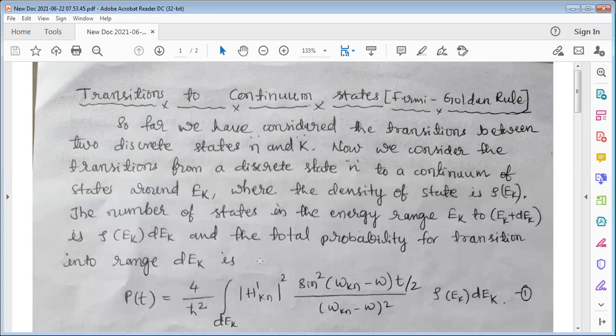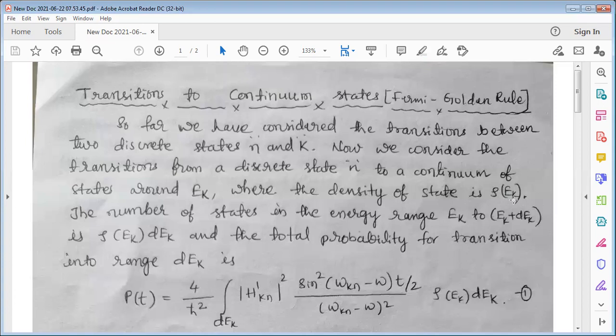That means energy varies on either side of this state k, which is Ek, and where the density of states is rho of Ek.